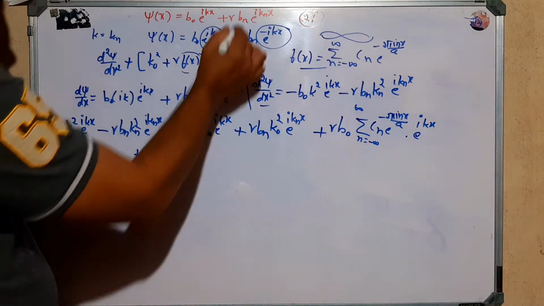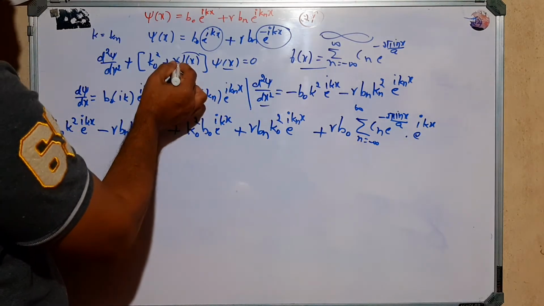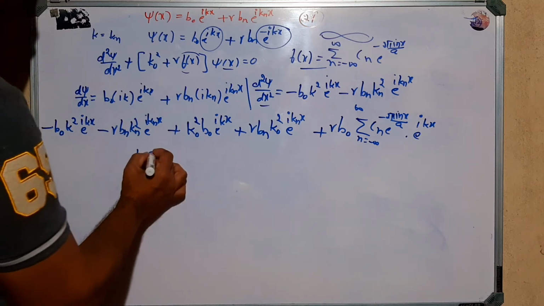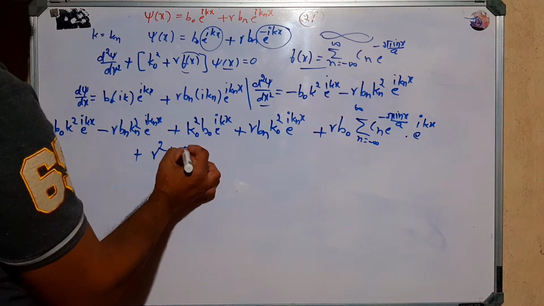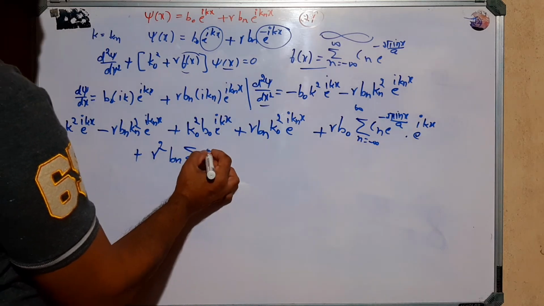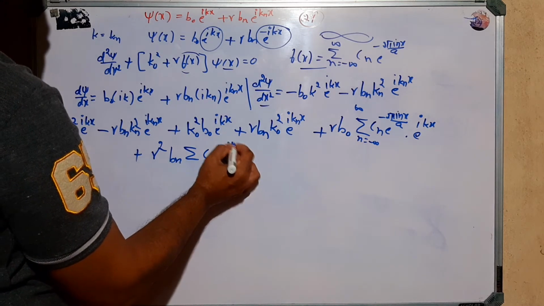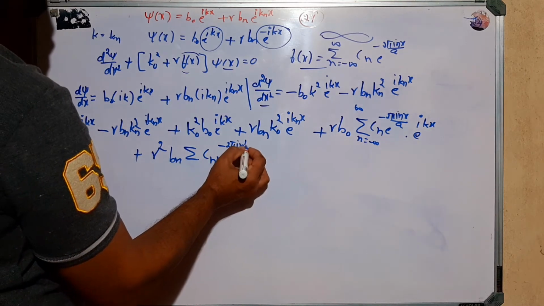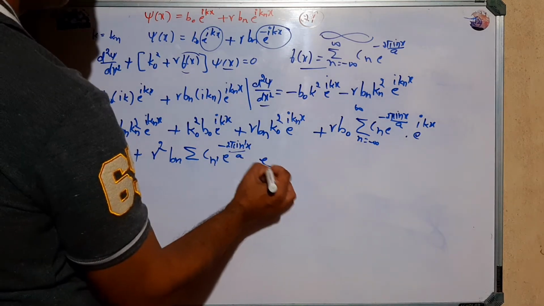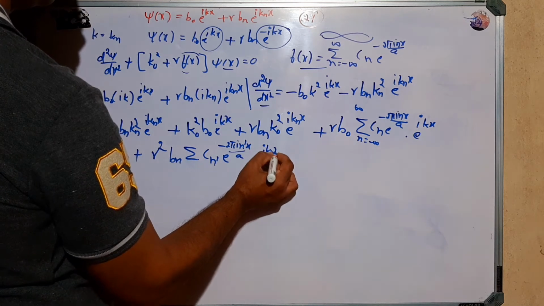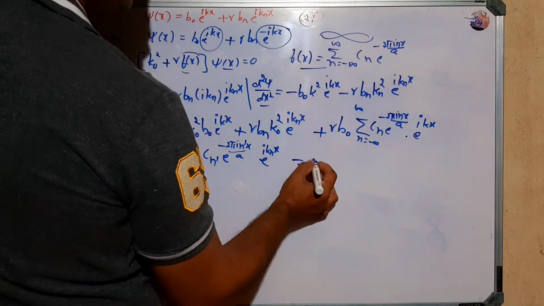Here again the expression contains γ, so what happens is γ² into bₙ sum Cₙ' e^(−2πin'x/a) into e^(iknx) is equal to 0.